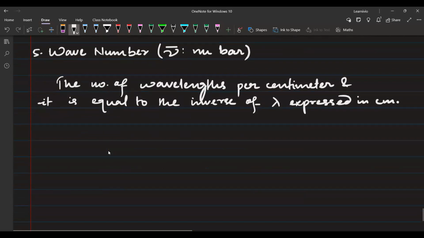Okay. So if you want to calculate, nu bar or wave number will be equal to 1 upon lambda. And this lambda should be in centimeter.